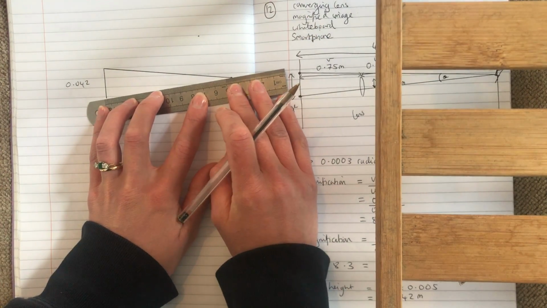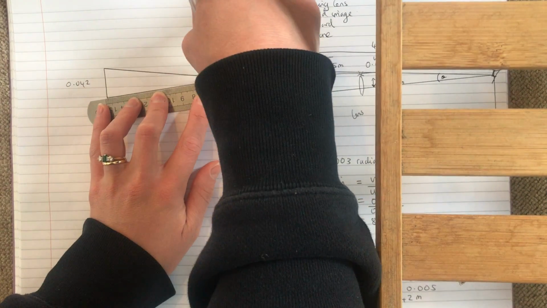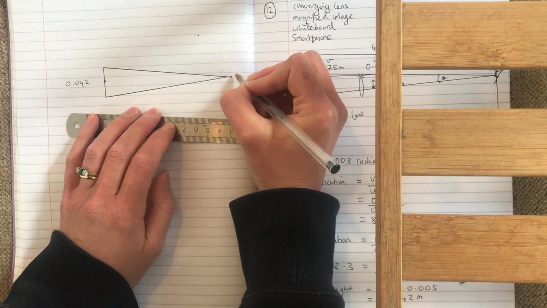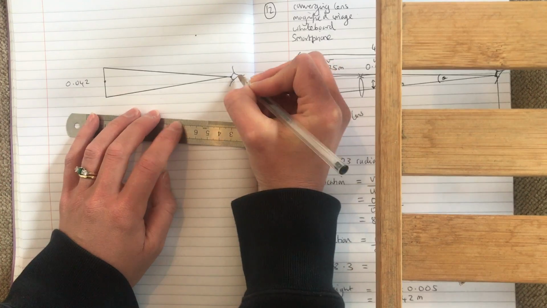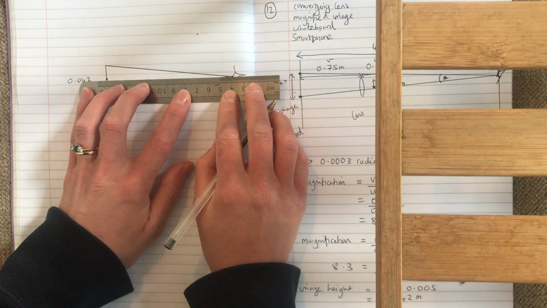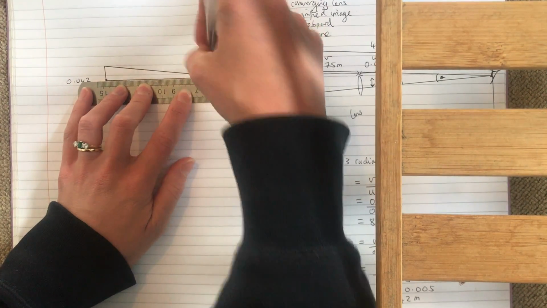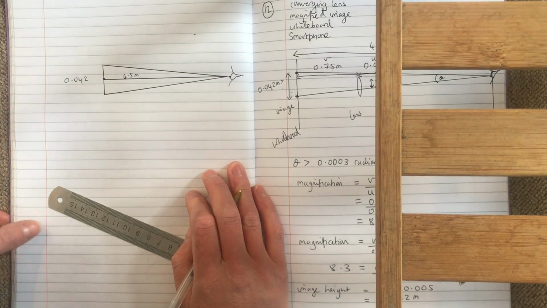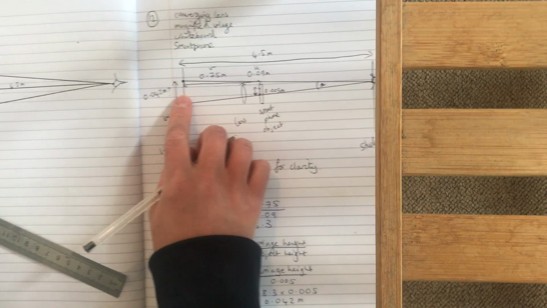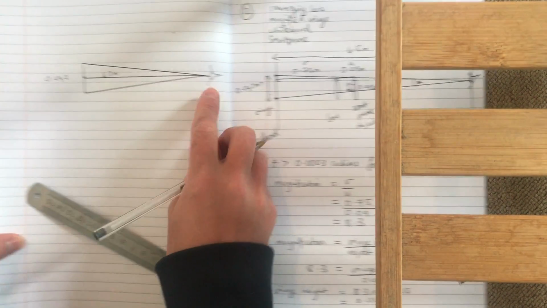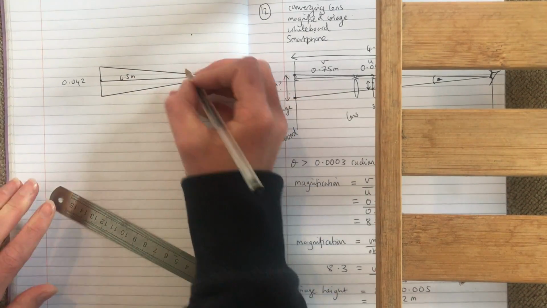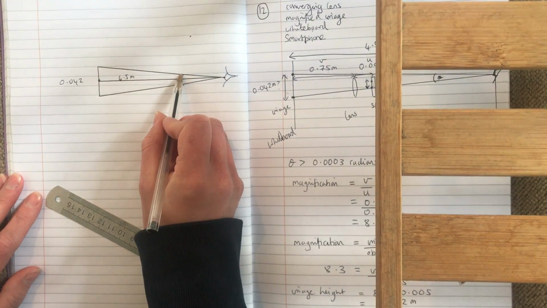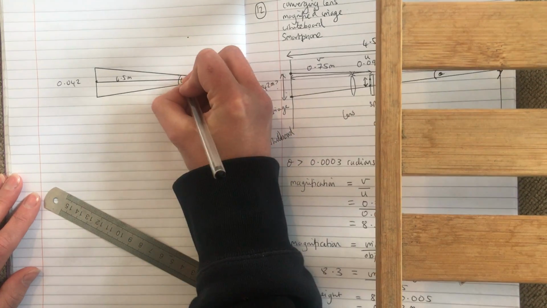We don't know these lengths, but we do know that the distance from the eye to here is 4.5 meters, because that's how far away the student is from the whiteboard screen. And this angle from this line to this line is theta.